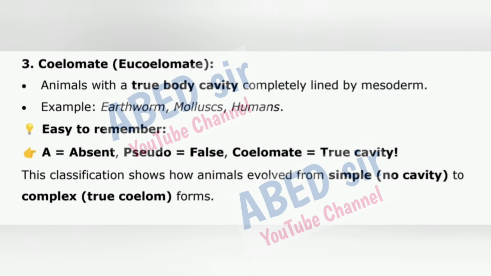Animals with a true body cavity completely lined by mesoderm. Example: earthworm, mollusks, humans. Easy to remember: a equals absent, pseudo equals false, coelomate equals true cavity. This classification shows how animals evolved from simple, no cavity, to complex, true coelom forms.